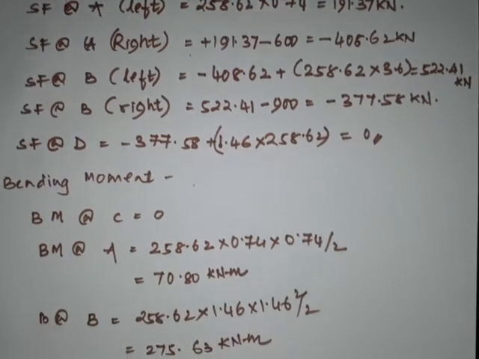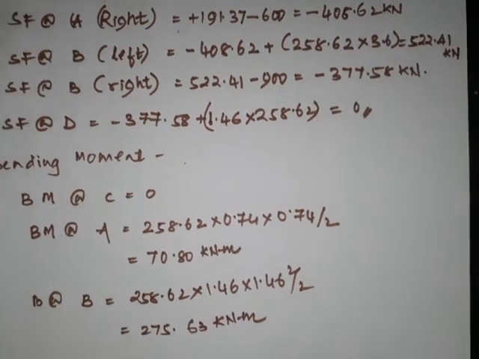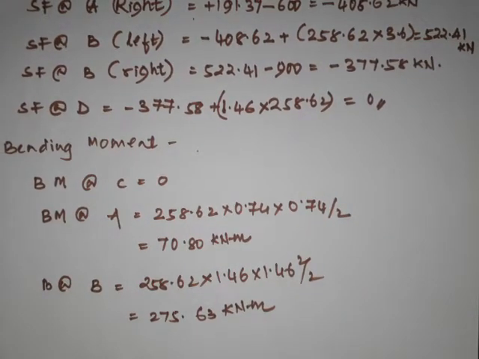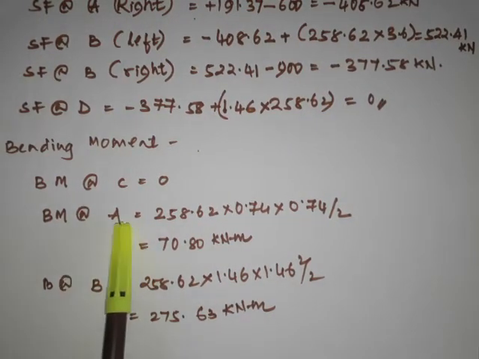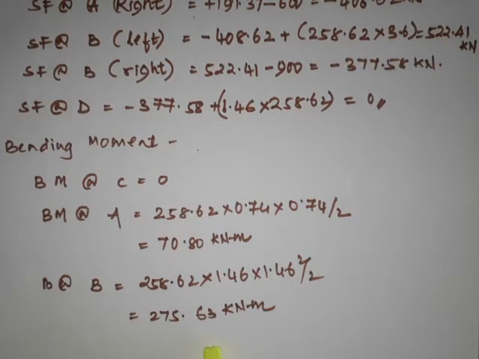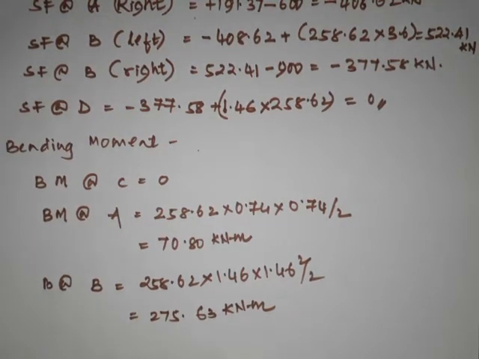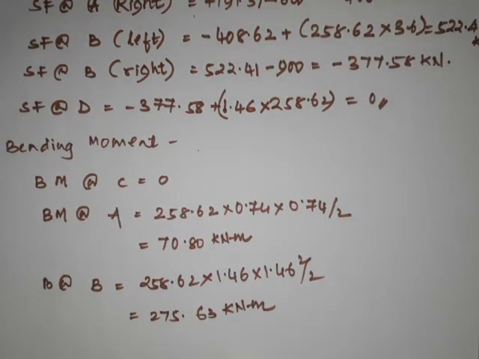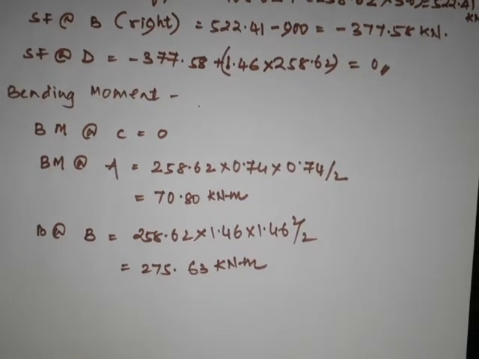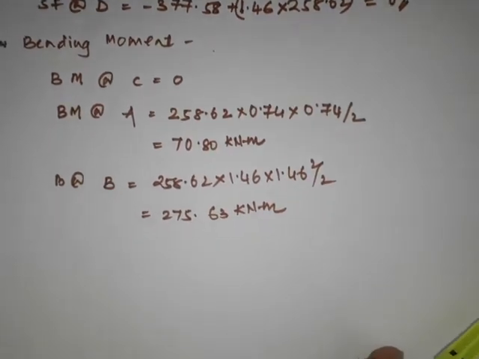So next, what do you have to find out? We have calculated the bending moment under column A and under column B. Now we have to find the bending moment at mid span, between A and B. So today we will calculate that.